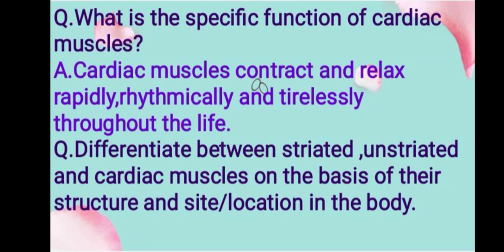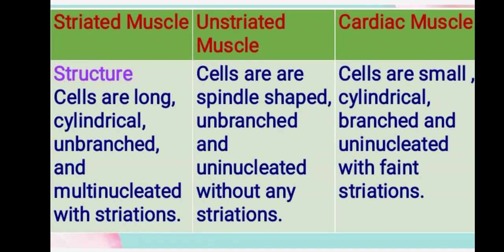Next question. Differentiate between striated, unstriated, and cardiac muscles on the basis of their structure and location in the body. So very easily we can frame a table for this answer. So let's start with the structure. In case of striated muscle, cells are long, cylindrical, unbranched, and multinucleated with striations.